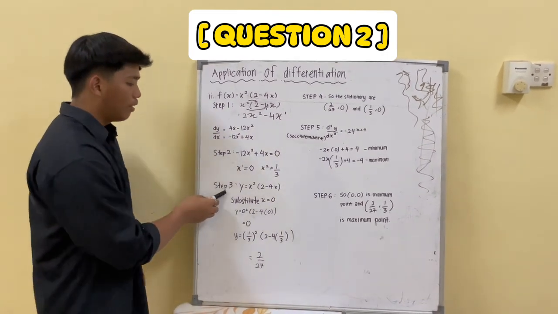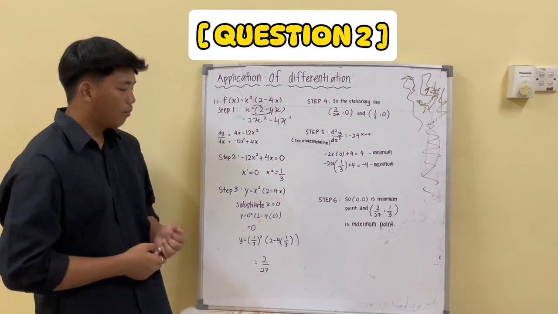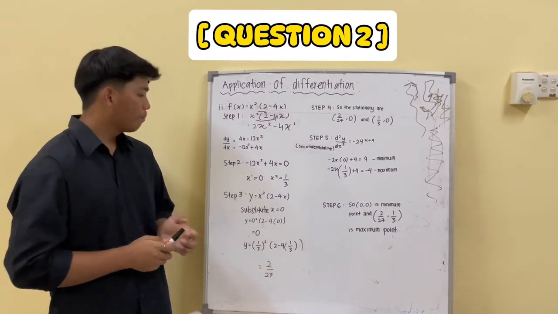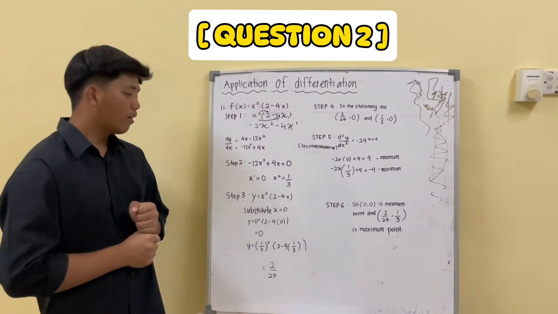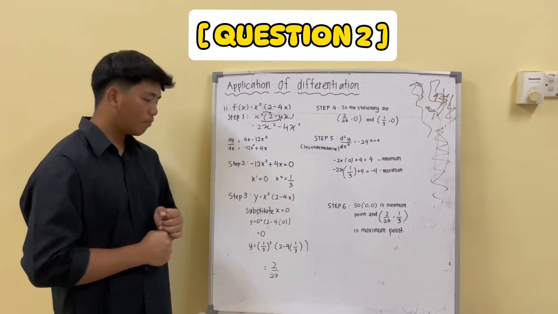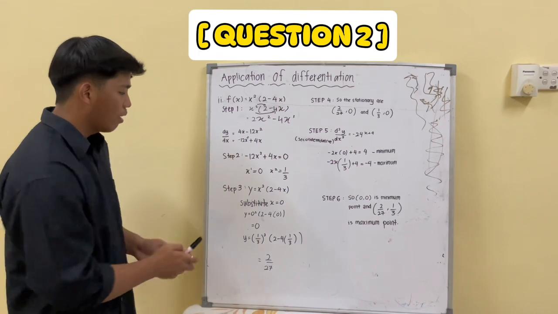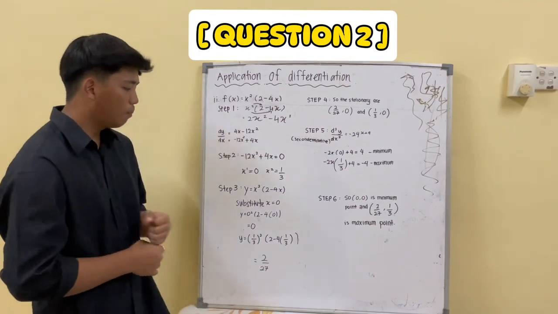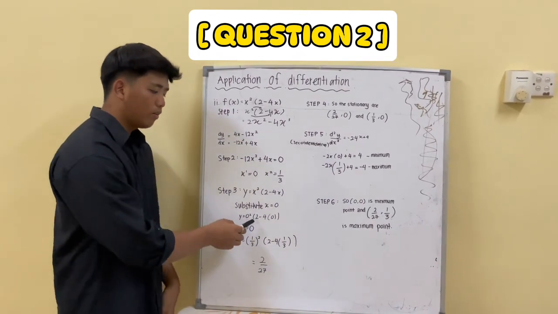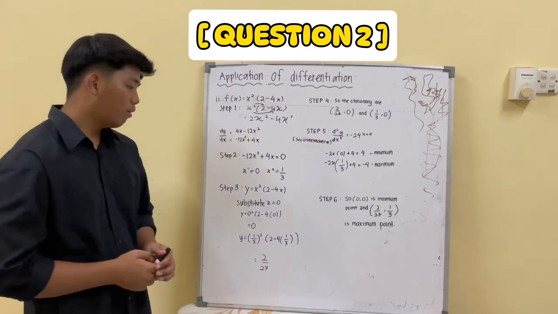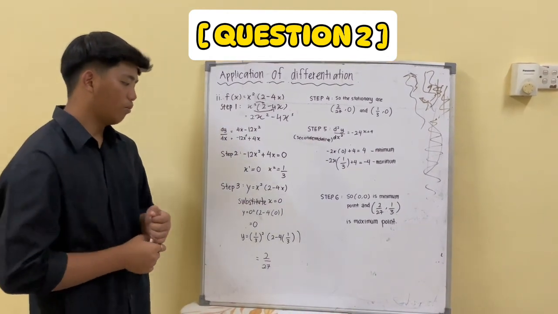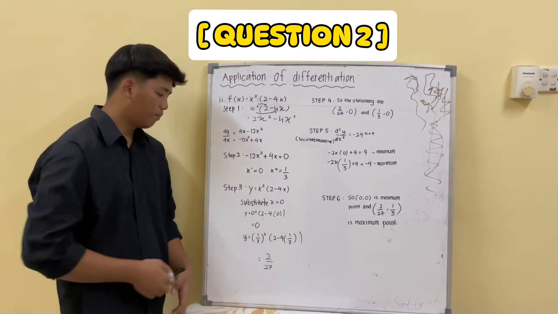In this step 3, y equals x² multiply with 2 minus 4x. Substitute x equals 0, y equals 0² multiply with 2 minus 4(0) and we get 0.